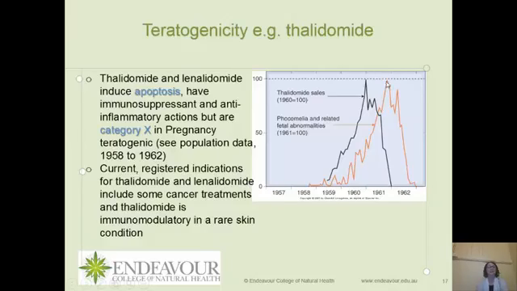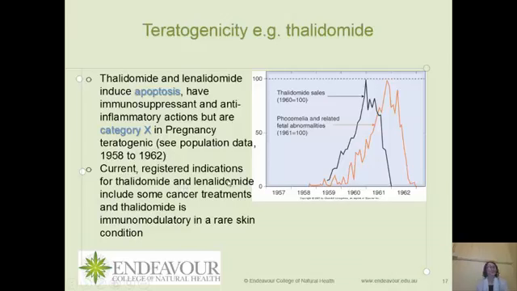Once thalidomide sales dropped off and eventually it was removed as an approved substance, the levels of phocomelia dropped back to background levels. So today, thalidomide is available again and registered again, but for other indications.